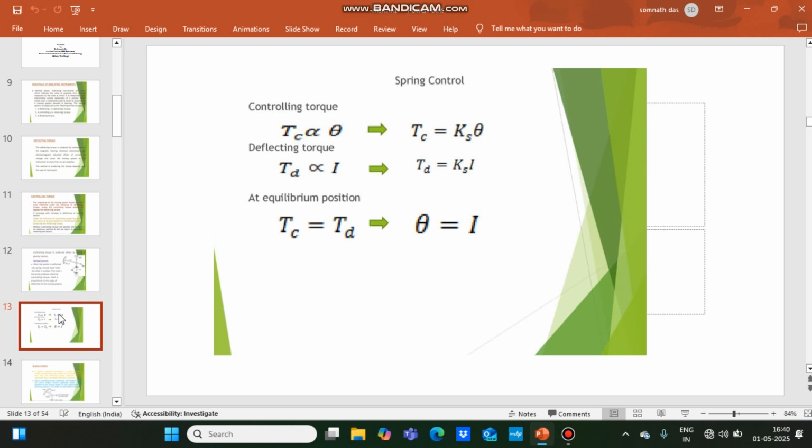So from this equation, we can write theta proportional to I. That is, the angle of deflection is proportional to the current which is flowing through the instrument.